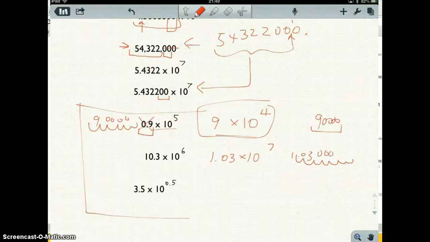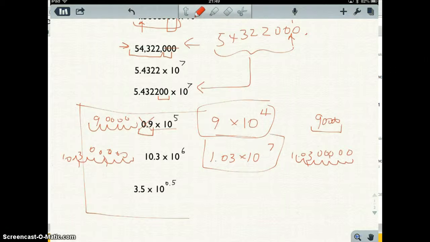So there's 5 zeros after that. And if we test 10.3 times 10 to the 6, we get 10,300,000, and 10,300,000. So that's right.